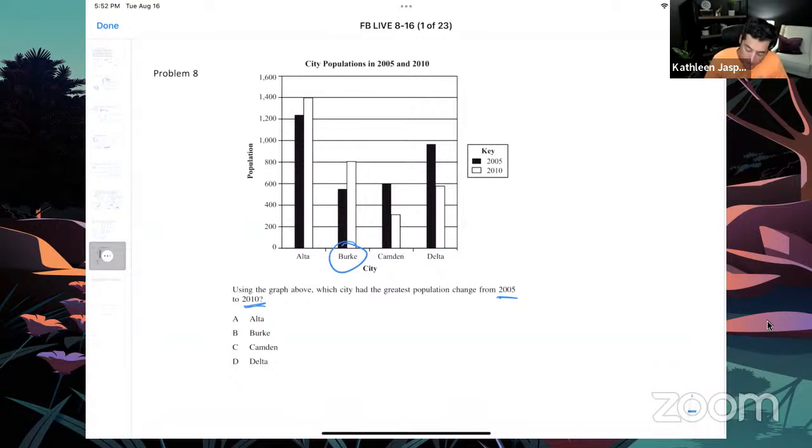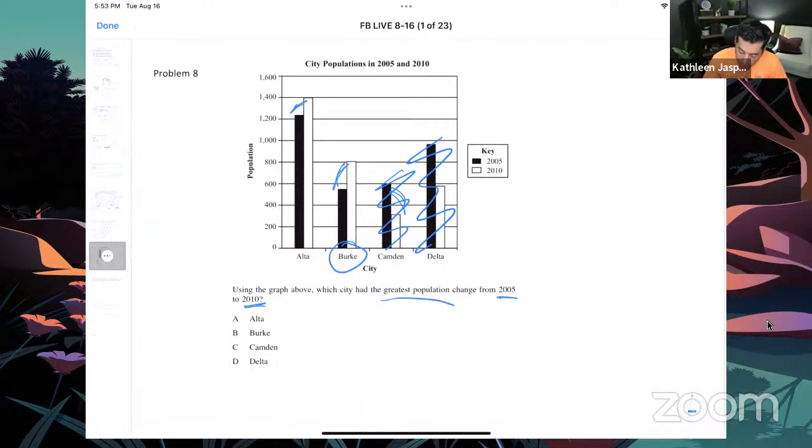And I see the distance between these two is less than the distance between these two. What about here to here? I think when it says the greatest population change, you can either increase or you decrease. So that's why I think a lot of people will write these two off right away. That's why I pulled this problem, because I wanted to just highlight that.